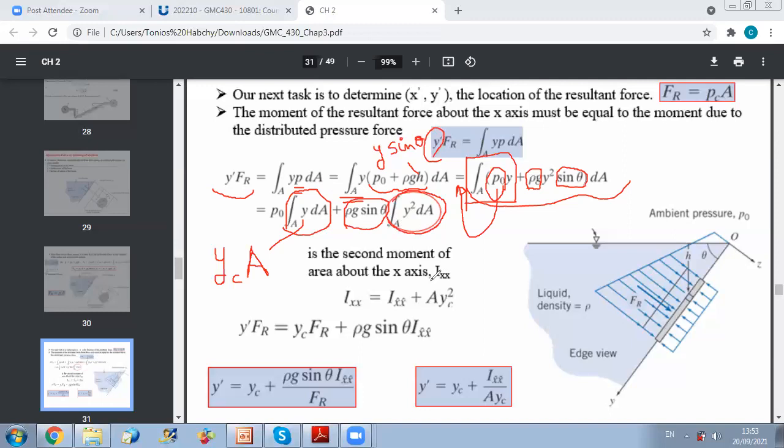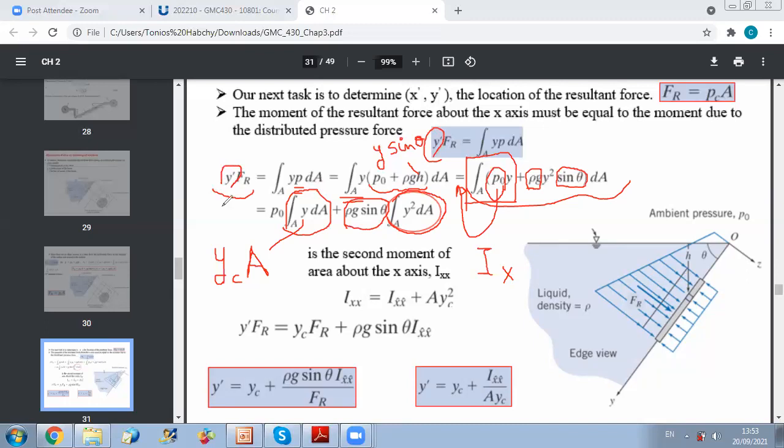Sometimes we symbolize it as Ix, or simply in some books we just call it Ix because it's about the x-axis. Now, let us try to simplify this formulation a little bit. In order to do this, first we need to find what is y prime.